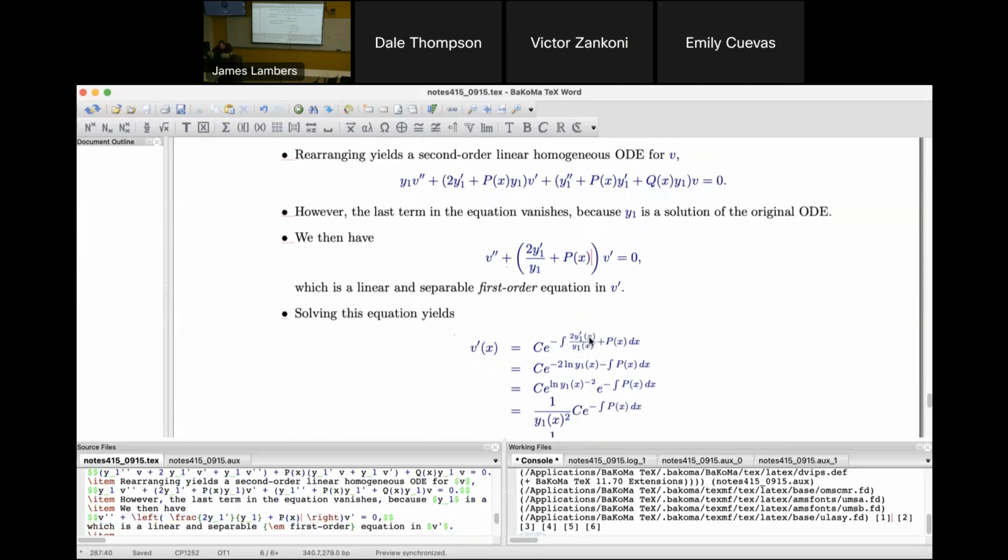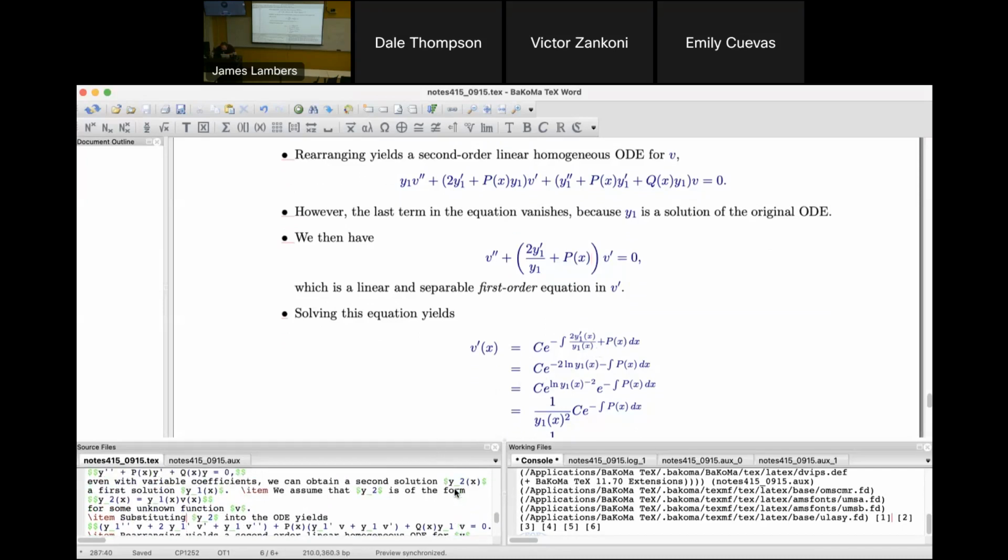Now this I can simplify to an extent, because if I look at this first term, I have the integral of y1 prime over y1. If I make a U-substitution, actually I'm going to include that here.